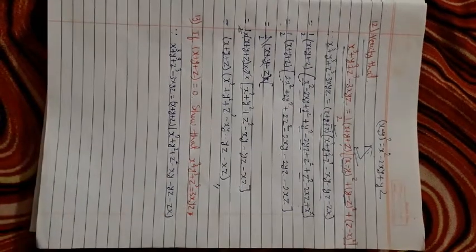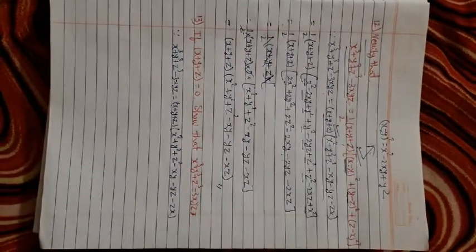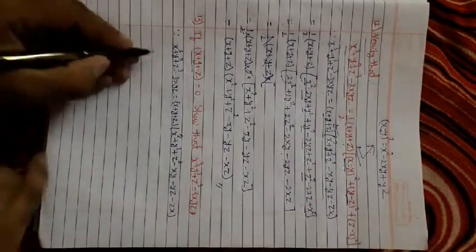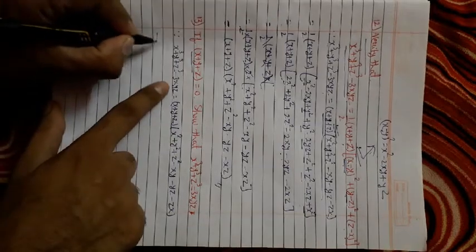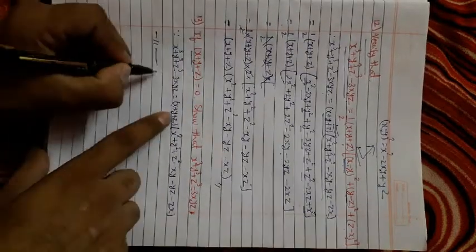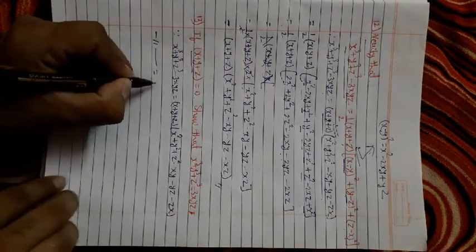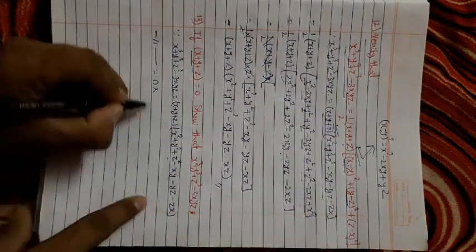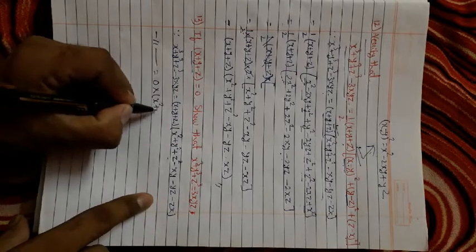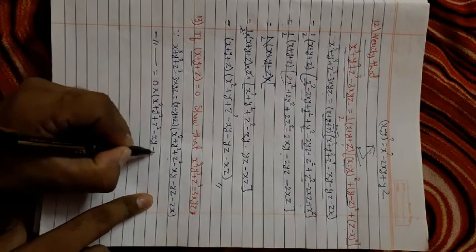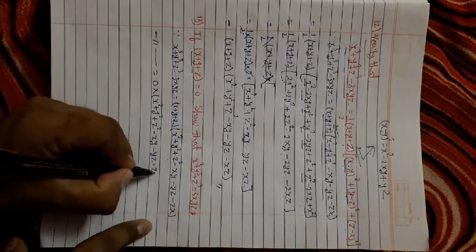Now in the sum it is given that the value of x plus y plus z equals 0. So instead of x plus y plus z I'll take 0, and the second bracket will be written as it is: x square plus y square plus z square minus xy minus yz minus zx.